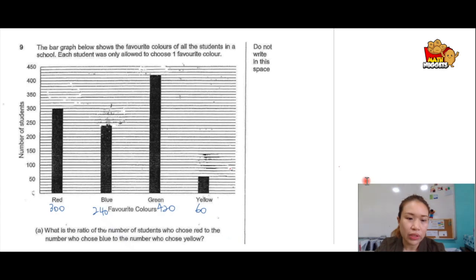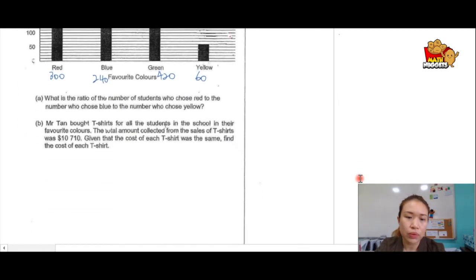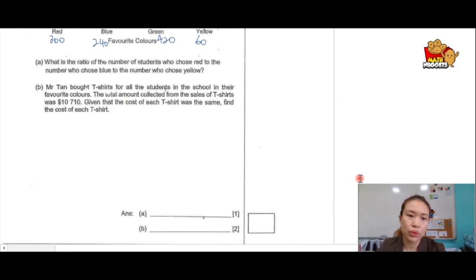Part A wants us to find the ratio of the number of students who chose red to those who chose blue to those who chose yellow. So we want red is to blue is to yellow. Red is 300, blue is 240, yellow is 60.